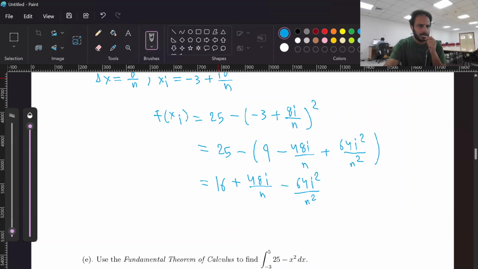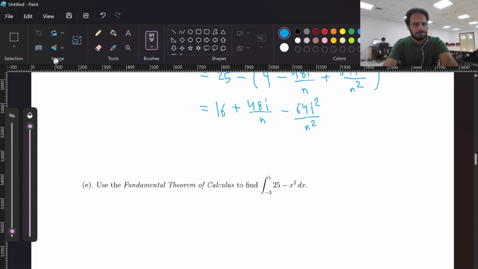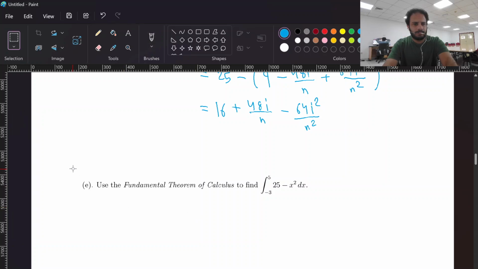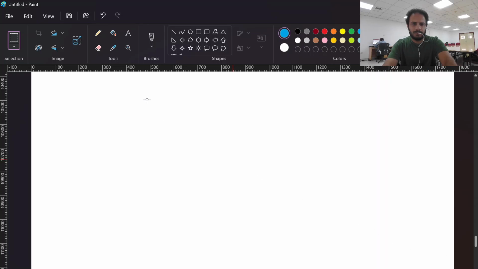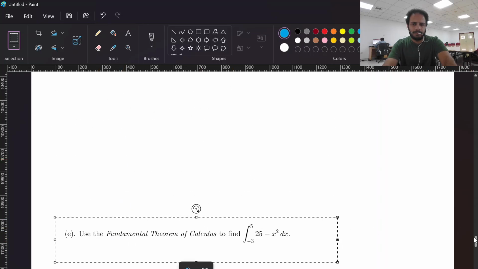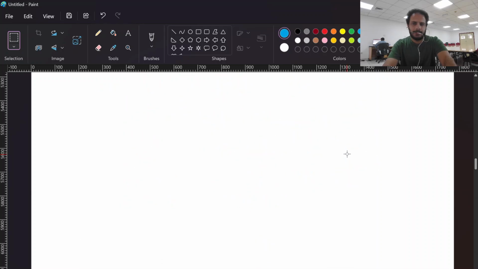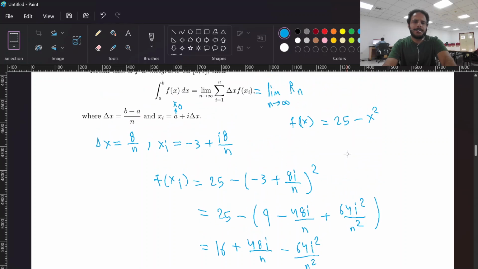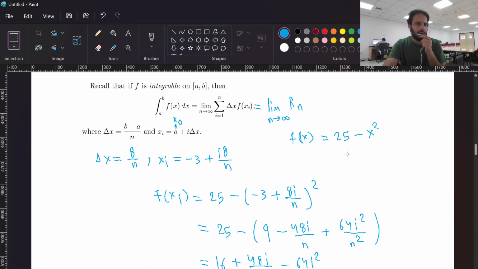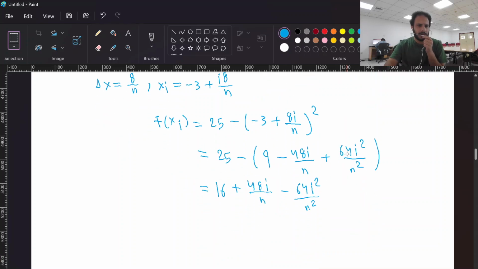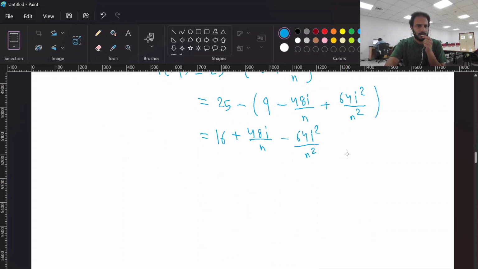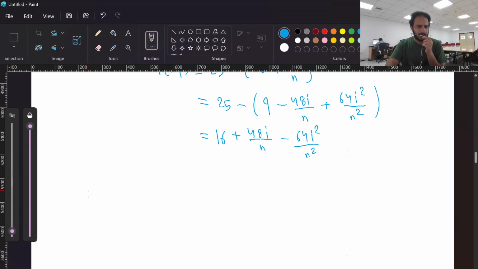Next we find Rn. Let's continue here. So we have delta x, we have f of xi, we just substitute in the formula now. We take the limit as n goes to infinity later after simplifying.